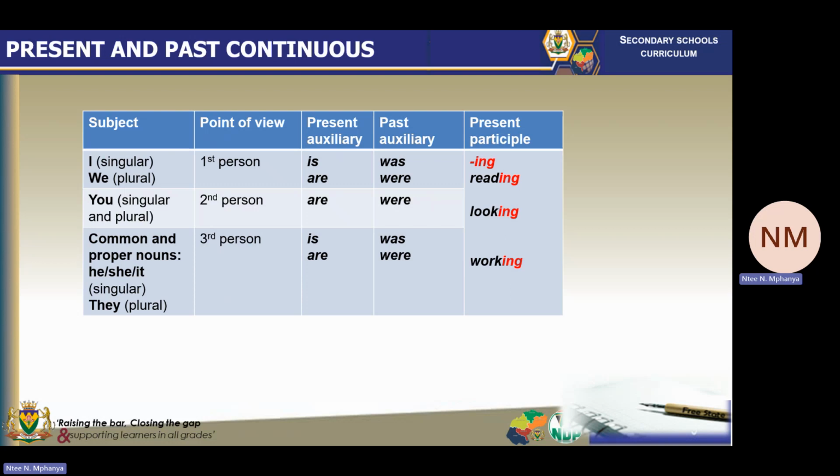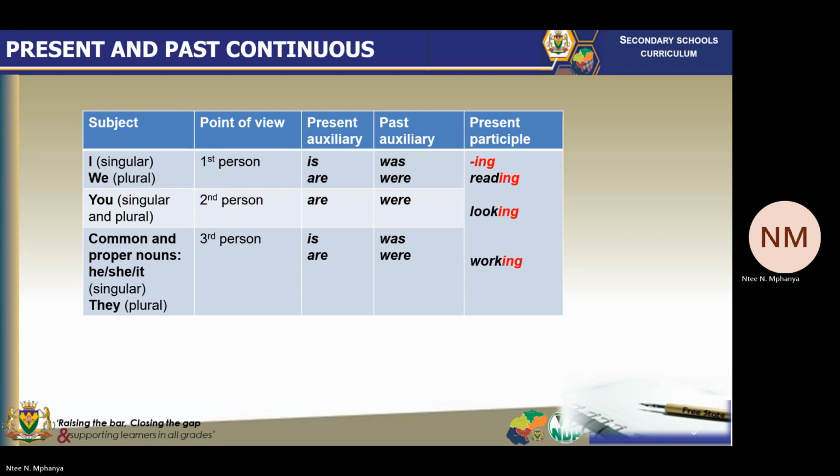We have the present auxiliary verb, and then we have the auxiliary verb, which is in past tense. Then we have our present participle of the verb.